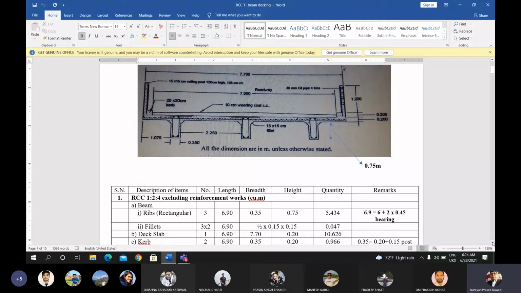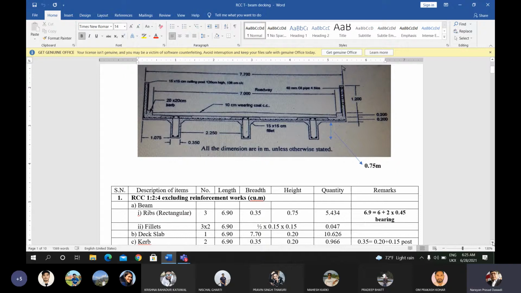So the total number of fillets is 6, that is 3 into 2, the length is the same as the beam, 6.9, and the area of each is half into 0.15 into 0.15. You will get 6 into 6.9 into half into 0.15 into 0.15, which gives the value of 0.047 cubic meter.